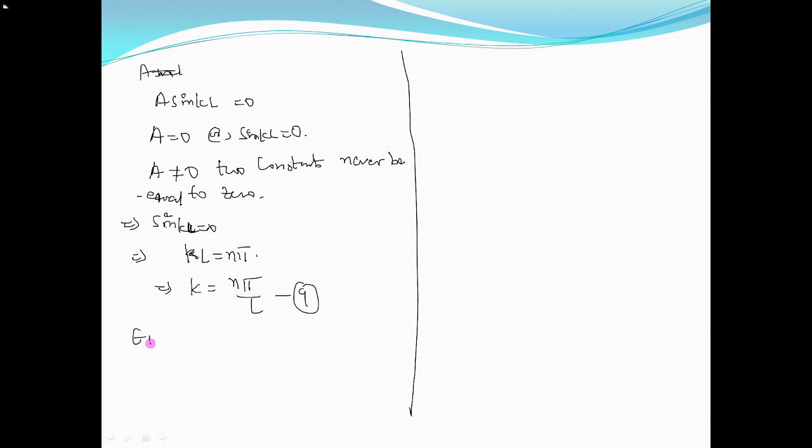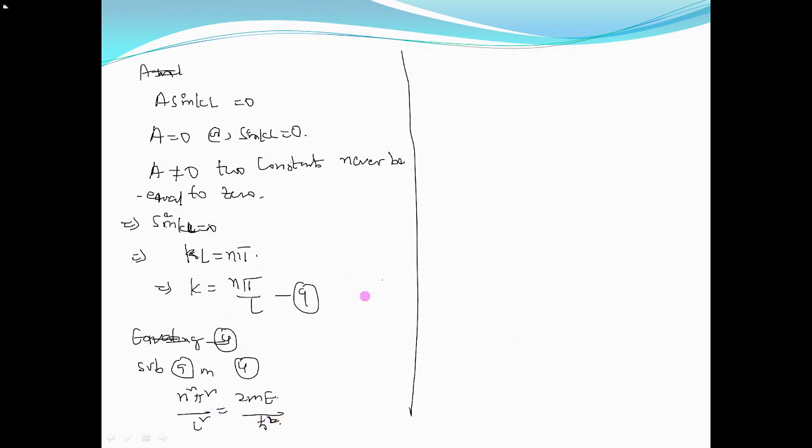So substituting 9 in 4: in place of k square, I will substitute this. So n square pi square by L square is equal to 2mE by h cross square.